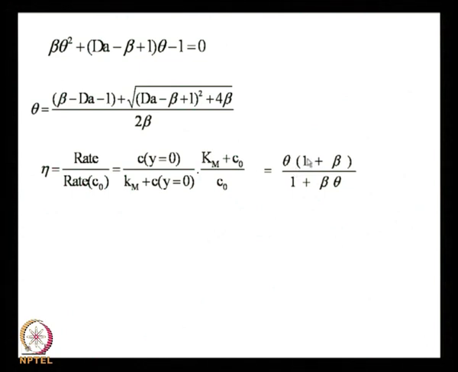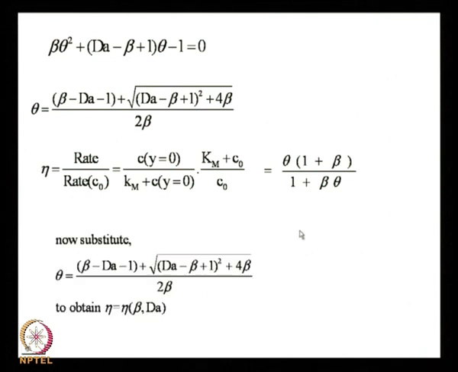So, theta times (1 plus beta) over (1 plus beta theta), right. Now once we substitute this, you can get your expression for eta. You already got your theta, you can substitute that back over there and get your expression for eta, which is again a pretty nonlinear expression, because that is what is expected.